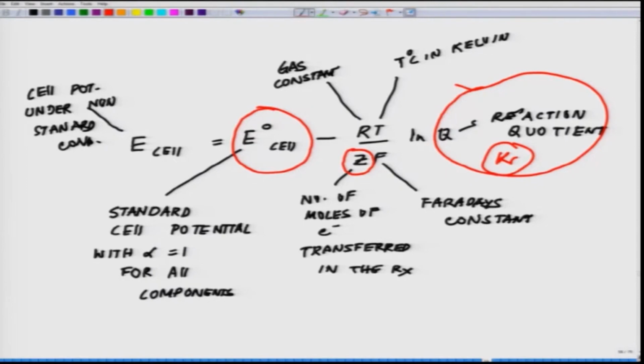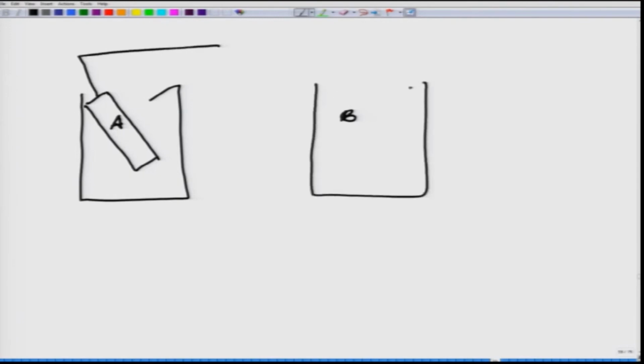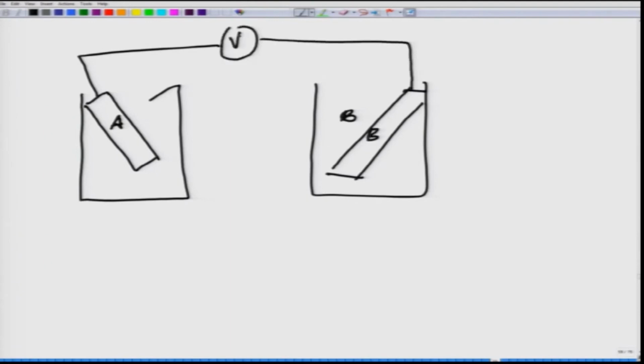But what I am going to highlight here is that, as of now, whenever we talked about cells, we talked about, say for example, an electrode A and an electrode B. You have electrode B connected to a voltmeter, or you can directly connect it.